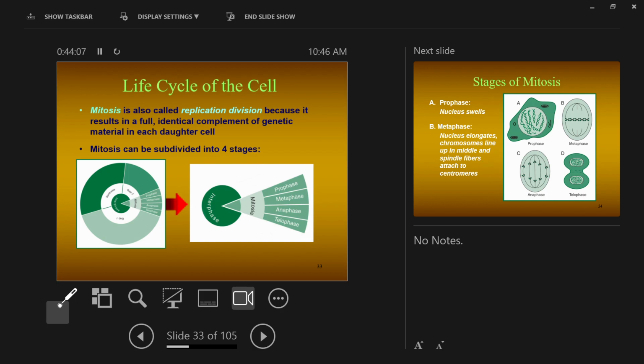These are called prophase, metaphase, anaphase, telophase. And we'll just give a brief explanation of each. And you'll see in which one the chromosomes become most visible. Or if you don't see, I'll tell you.